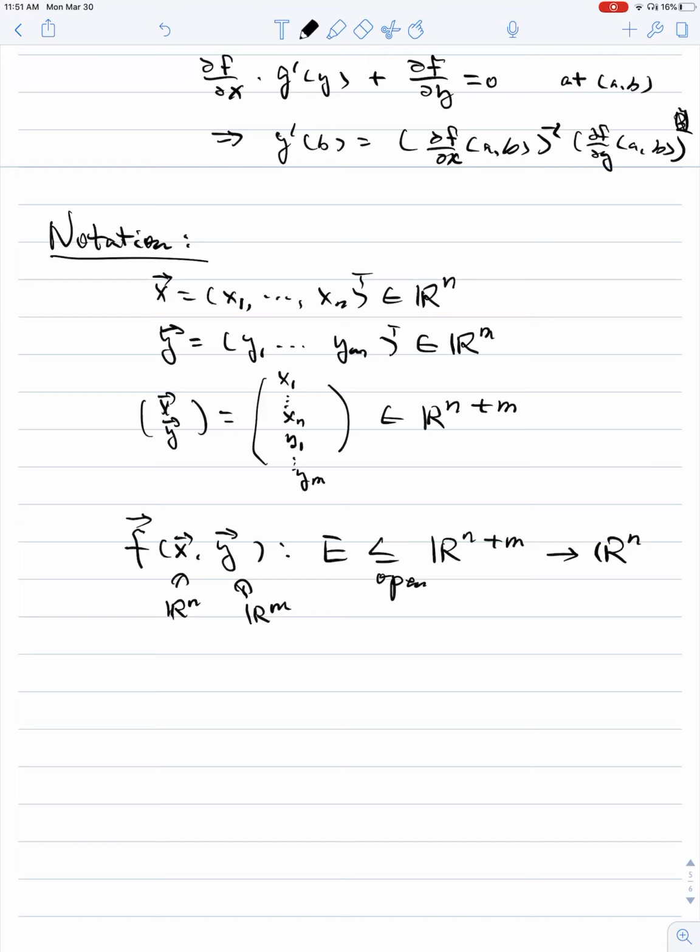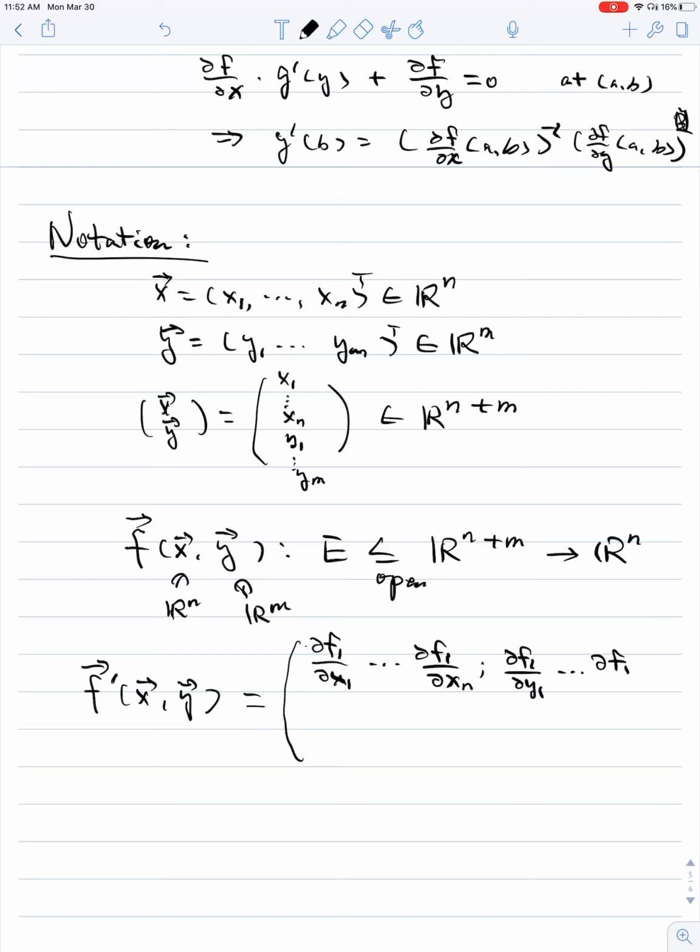Then the total derivative of this function is the matrix with rows df1/dx1 through df1/dxn, and then df1/dy1 through df1/dym, and so on down to dfn/dx1 through dfn/dxn, and dfn/dy1 through dfn/dym.